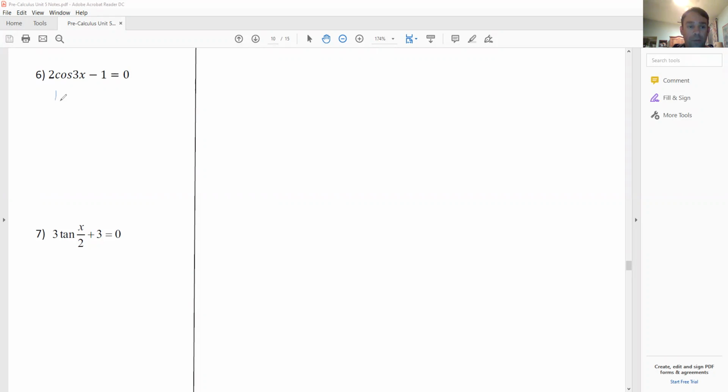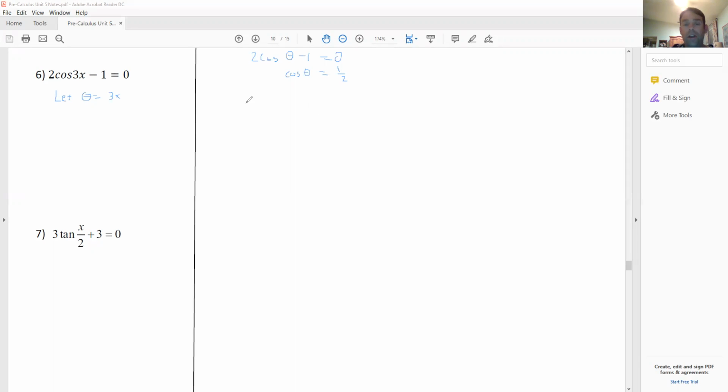So I'm going to start off by saying I'm going to let theta be equal to 3x. So 2 cosine of theta minus 1 equals 0. That means cosine of theta equals 1/2.